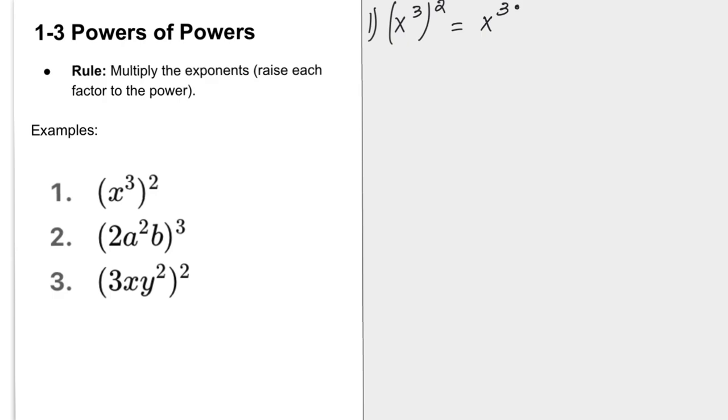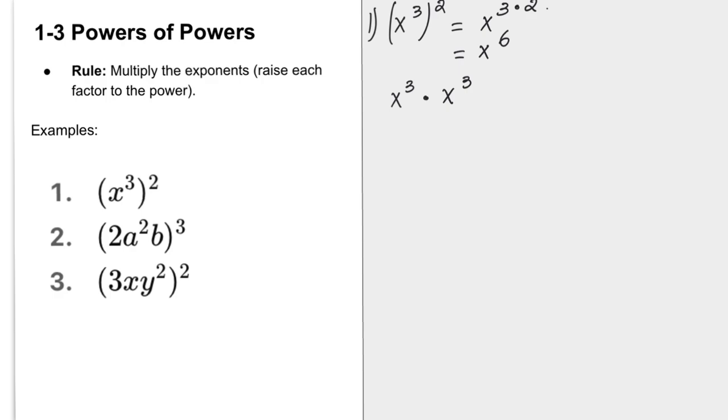We're doing exactly the same thing, keeping the base the same and multiplying the exponents, and this will be x raised to 3 times 2, which is 6, the 6th power. But let's try to understand how there's 6 x's multiplied. And so when we expand this, take that 2 raised to the 2nd power, what we're saying is there's 2 x to the 3rd powers multiplied.